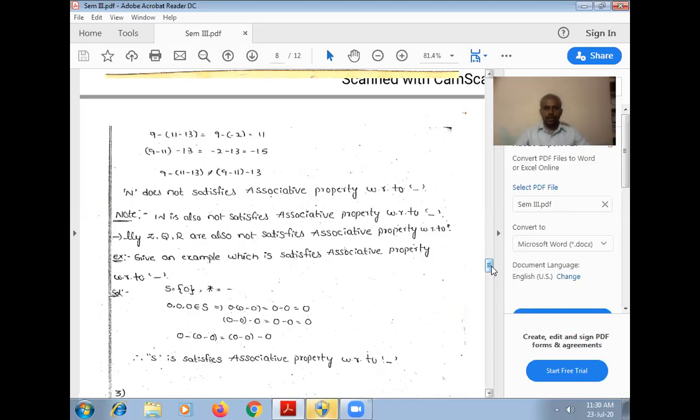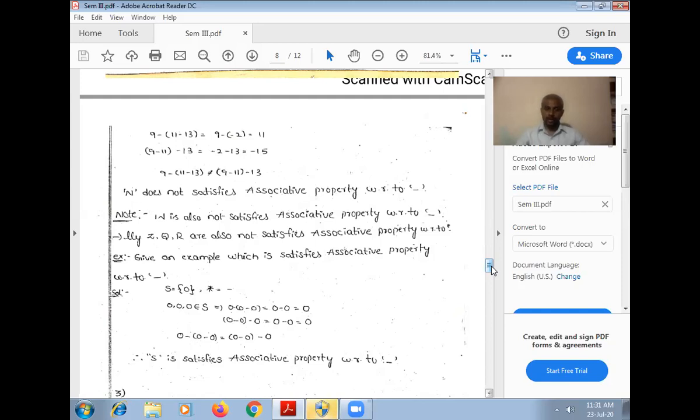You can take any natural numbers, integers, rational numbers, real numbers, and verify that condition; we do not get the same values. So N, W, Z, Q, R all do not satisfy the associative property with respect to minus.